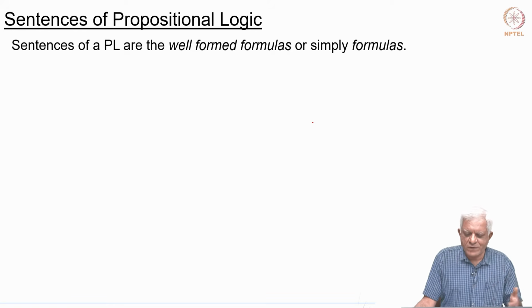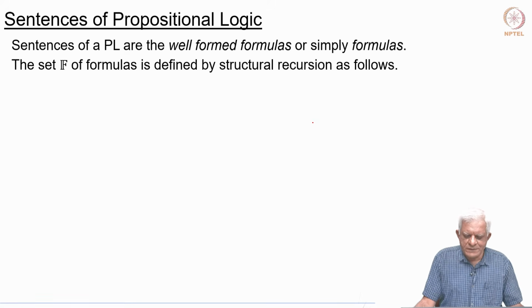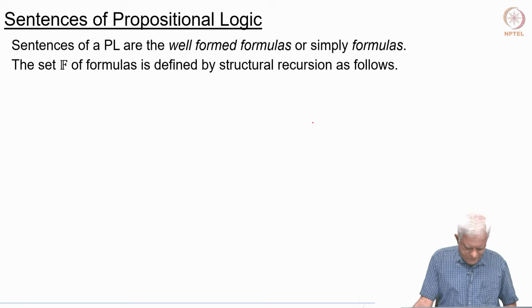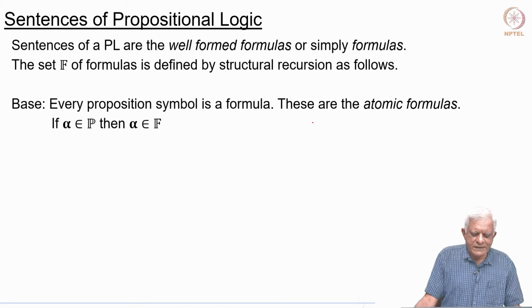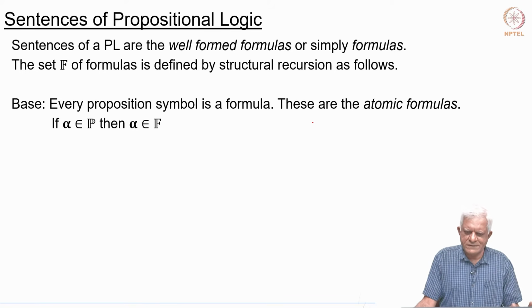That is how you can form more sentences. You start with a set of atomic sentences, which are from this set P that we have said: every proposition symbol is a formula. So, we will use the terms formula and sentence interchangeably.